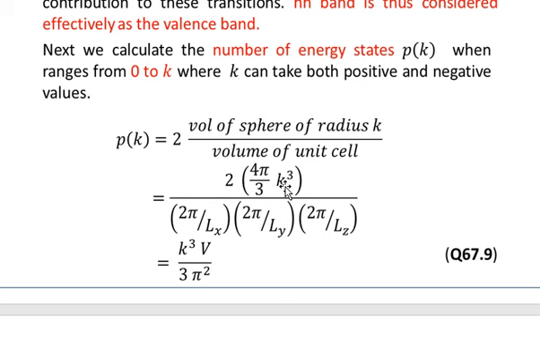So we are talking about the volume of the sphere in k space, where k is equal to 0 at the center of the sphere and k will increase positively if you place that sphere at the origin of the xyz coordinate system. Then k will be positive along the positive x axis, the positive y axis, and the positive z axis, and along the minus x direction, minus y direction, and minus z direction, it could be negative.